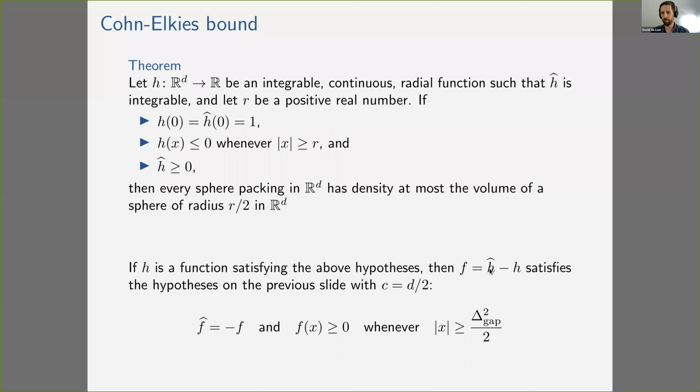And since h hat is non-negative everywhere, and h is non-positive outside of this ball of radius r, you also get that f of x is non-negative outside of this ball. So this direction is easy. The other direction is actually an open question, but there's a lot of numerical evidence for it. So the other direction probably is not easy at all.